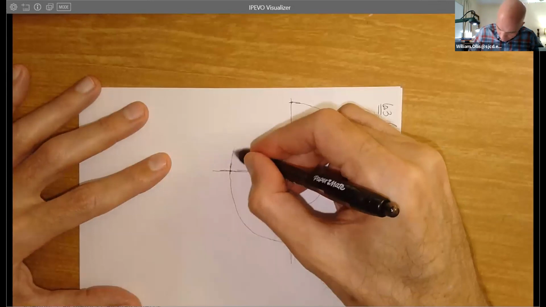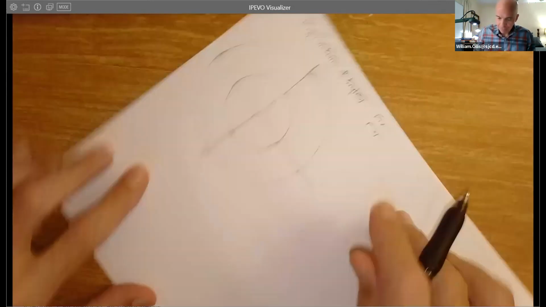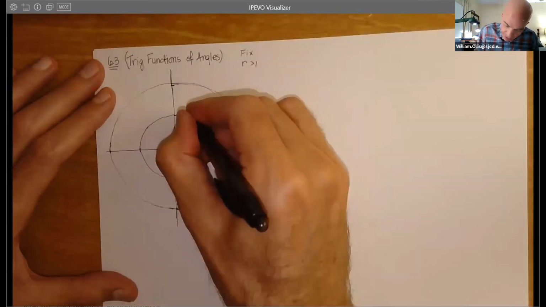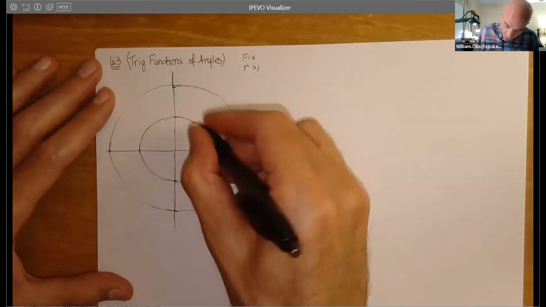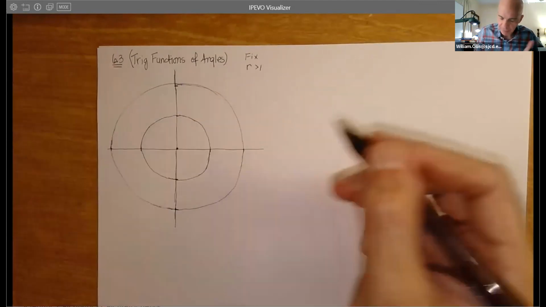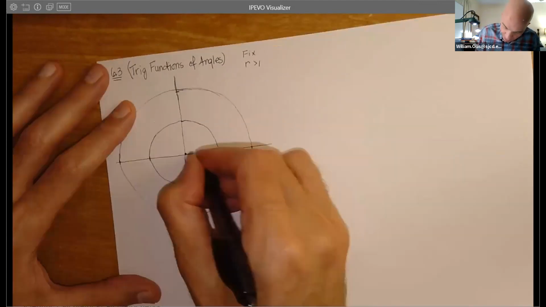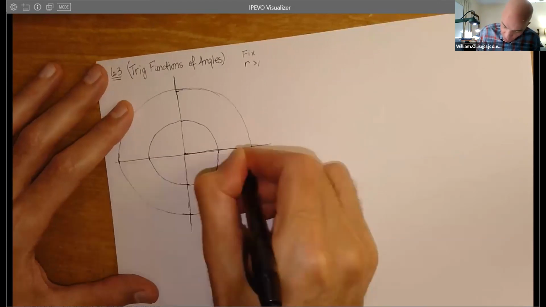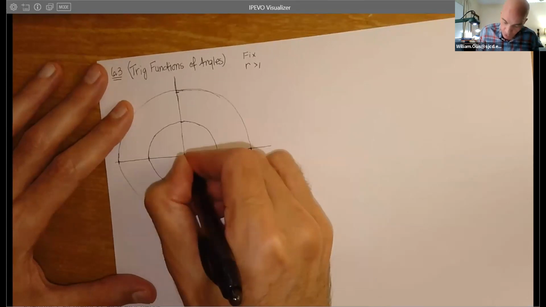So this is the inside one. We're going to draw and create an angle. It'll be in standard position, but it doesn't really matter. It just makes it a little bit easier because we have reference angles now and reference numbers. They're the same thing. They're computed the same.